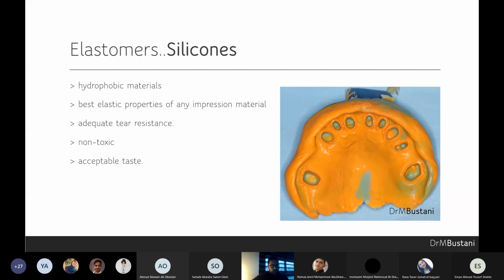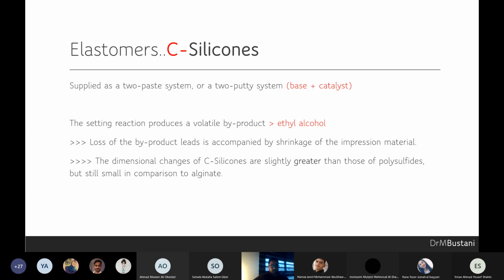In general, almost all of the silicones are hydrophobic. They have the best elastic property, so they can rebound out of the undercuts the most, and they have very good tear strength. They taste much better than polysulfide and even polyether. They are not toxic, just like any other material. C-silicone, we said, comes in two pastes, or a two-base system, the base and catalyst.